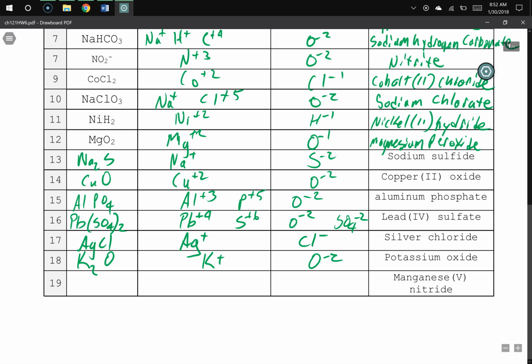I've got a manganese 5, so Mn +5, and nitride, which is an N. So what's the charge on nitride? What does this word mean, nitride? What does chloride mean?